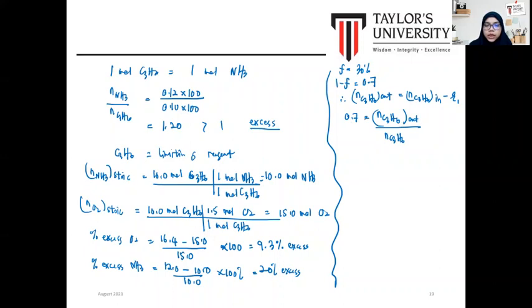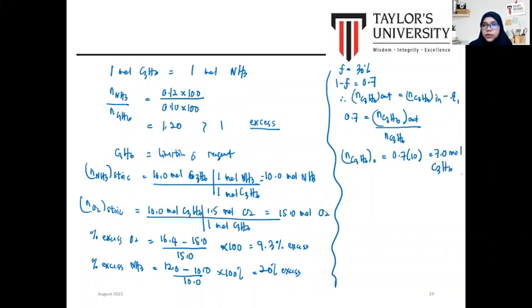This is how you relate with the fractional conversion, so N C3H6 out equals 7 mole propylene.